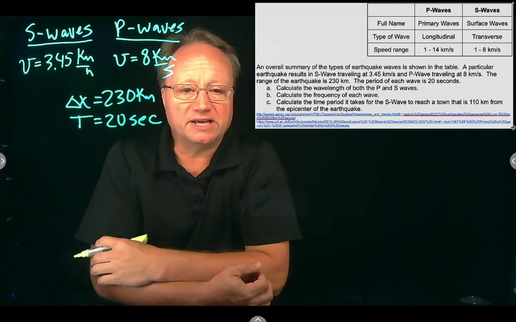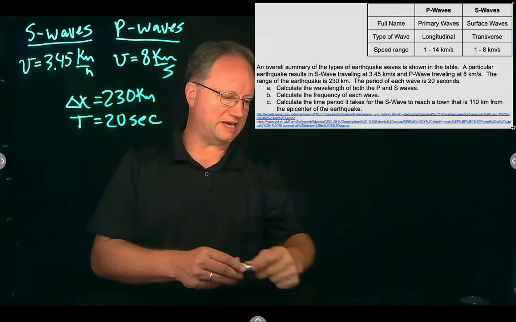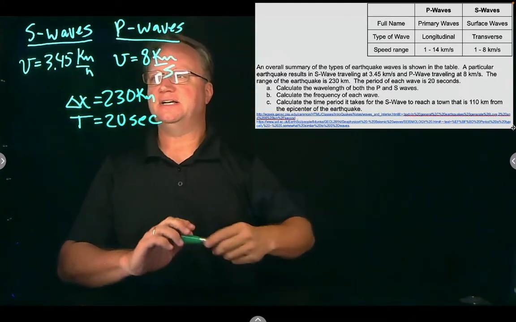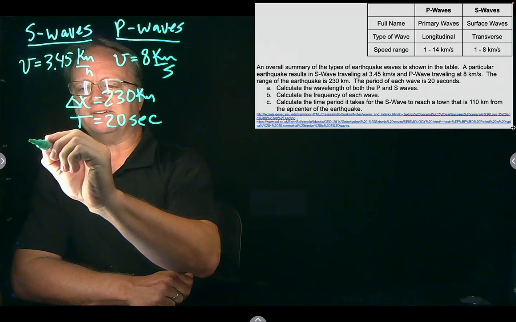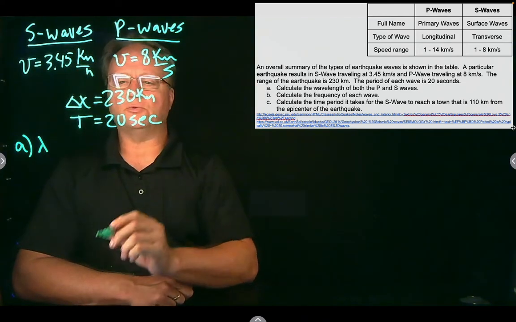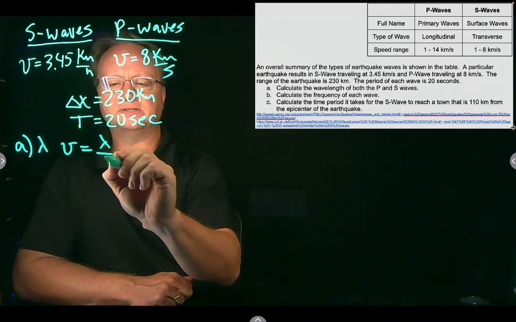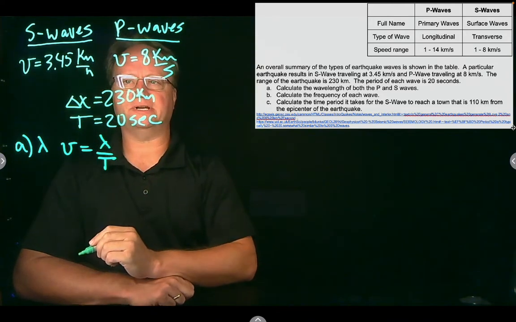So now in part A, we're going to calculate the wavelength for both waves, both the P and the S wave. So if we want the wavelength, symbol is lambda. We've got the equation V is equal to wavelength over period.